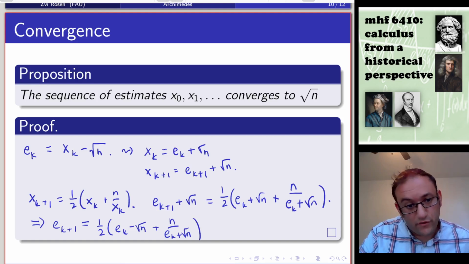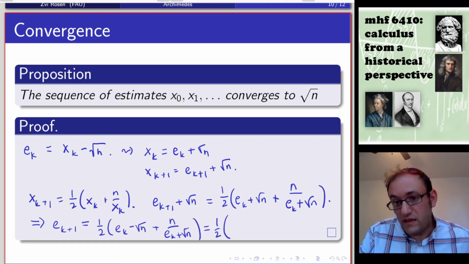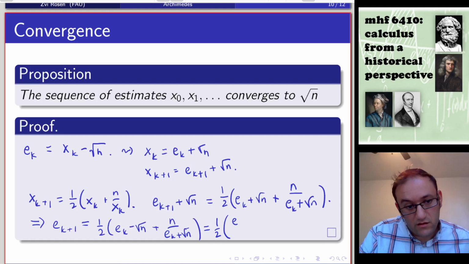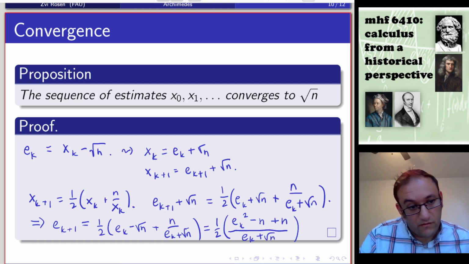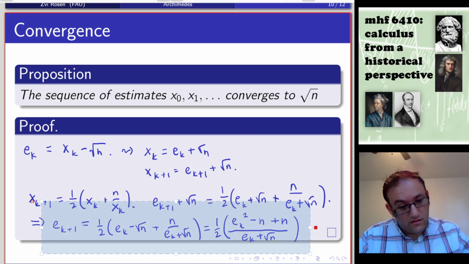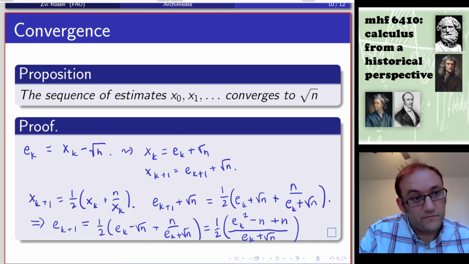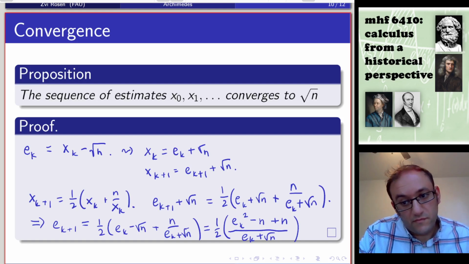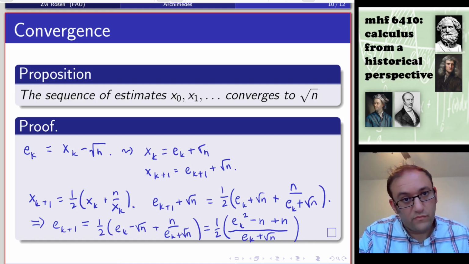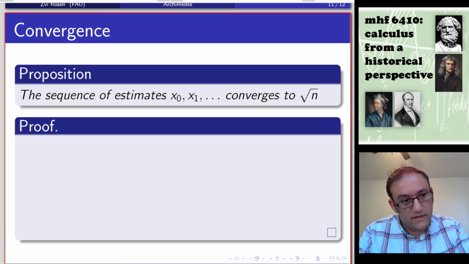If we put all of this over a common denominator, this is 1/2 of, well, (e_k plus root n) times (e_k minus root n) is e_k squared minus n, and then we have the plus n term, all over e_k plus root n. Okay, so let's take this to the next page.